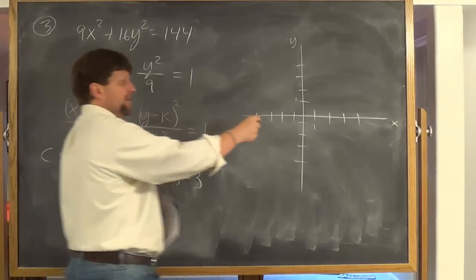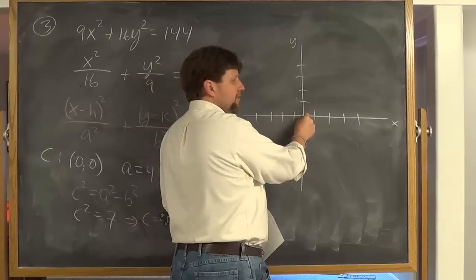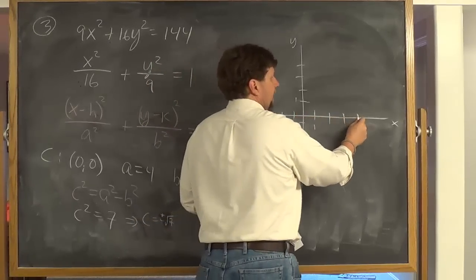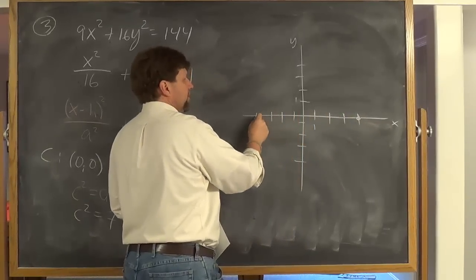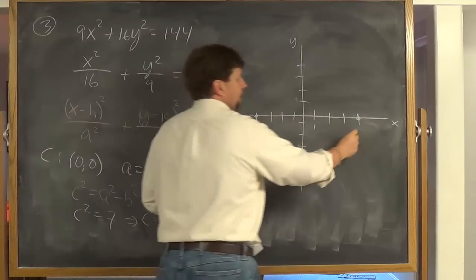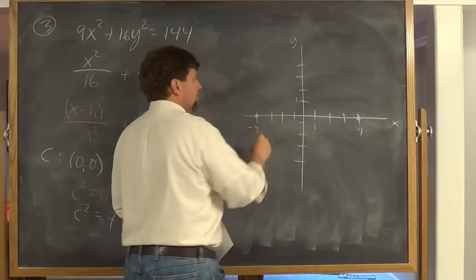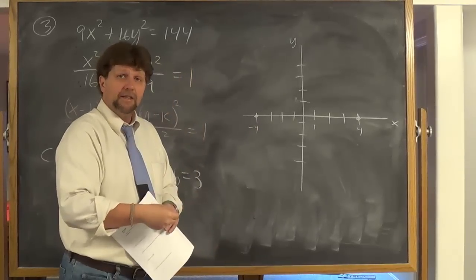So if my center is at 0, 0, a is 4, 1, 2, 3. I count 4 units to the right, and I count 4 units to the left, and that gives me the endpoints of my major axes.